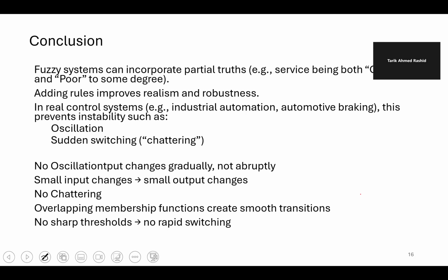So fuzzy logic can be good for systems where control is essential.